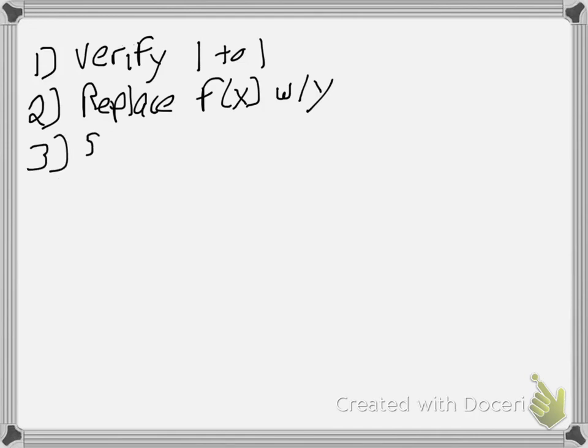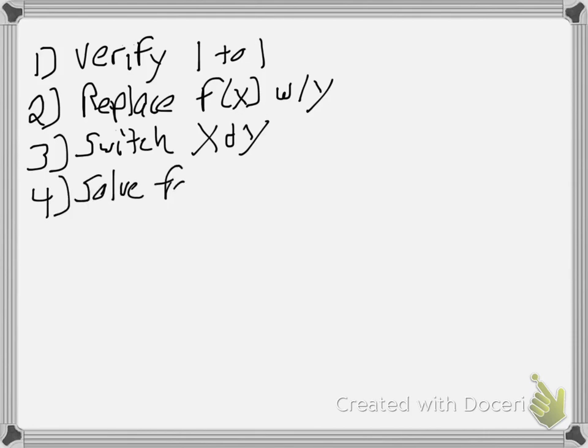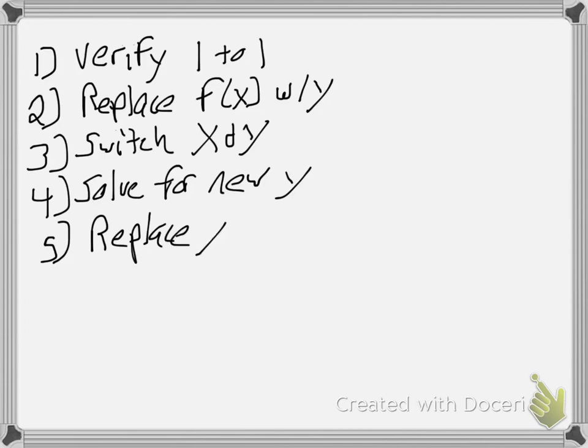Then we want to switch x and y. Then we want to solve for new y. And then, last but not least, we want to replace our new y with f inverse of x. Okay? All right. So there are our 5 steps.